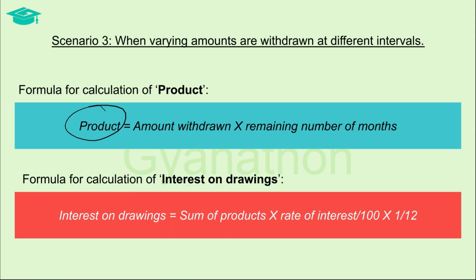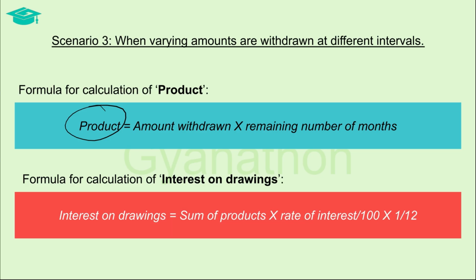Since amounts are not fixed and the intervals are also not regular, we take each amount separately and multiply the same by the number of months for which it remains outstanding. Once the product is calculated for all the withdrawals, then all those products should be aggregated or added.